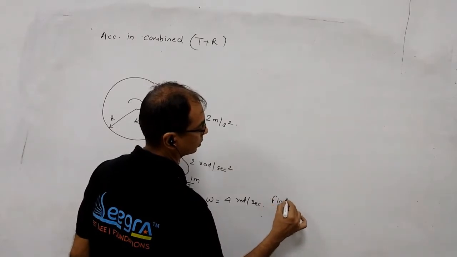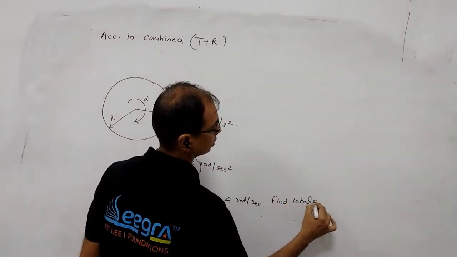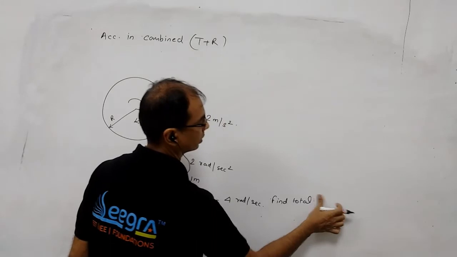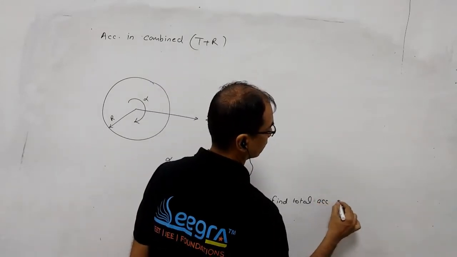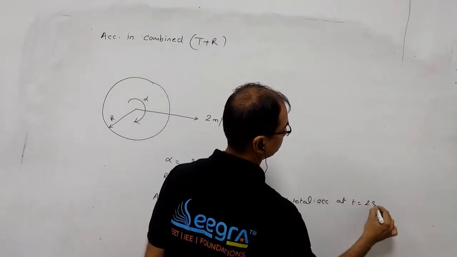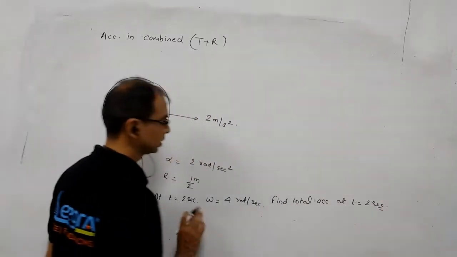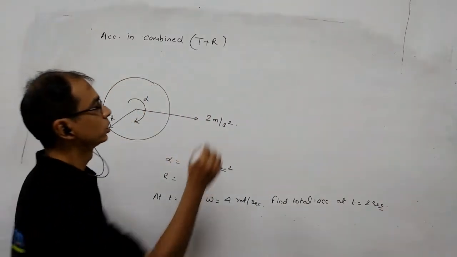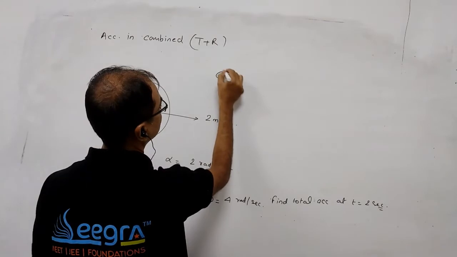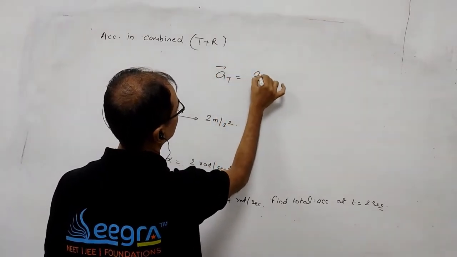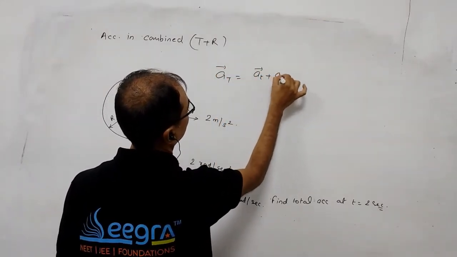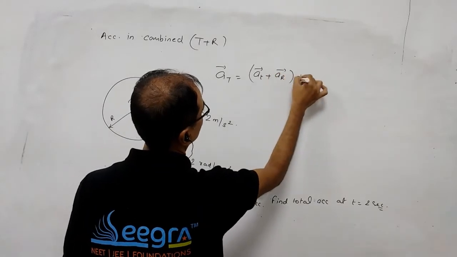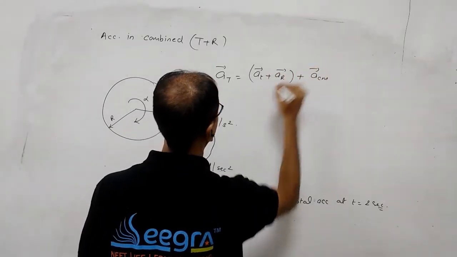Find total acceleration at t equal to 2 seconds. That means at this instant only. Now how to do it? What is total acceleration? Total acceleration we know it is AT plus AR plus ACM, right?